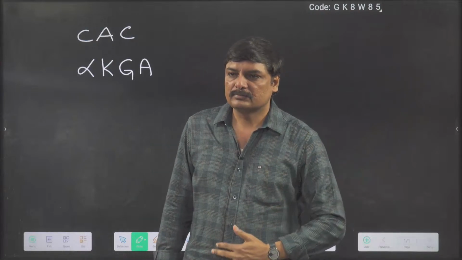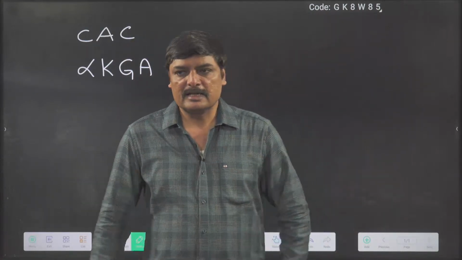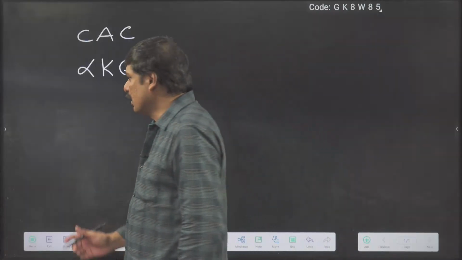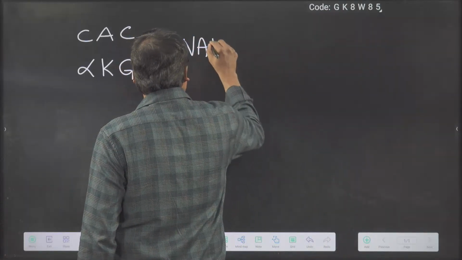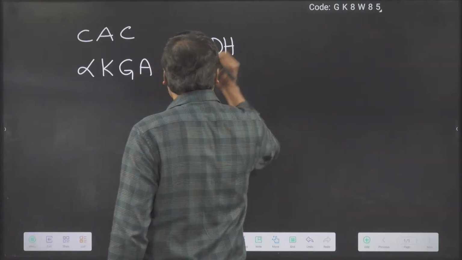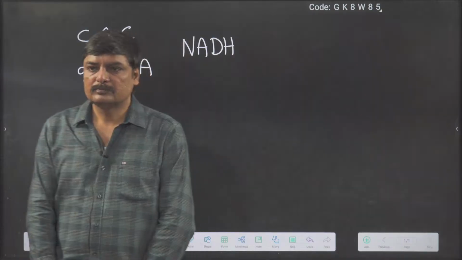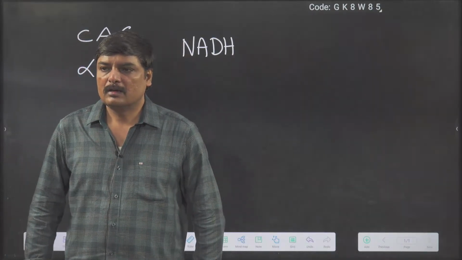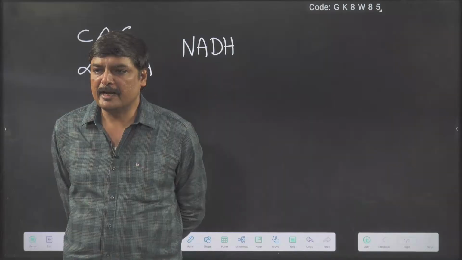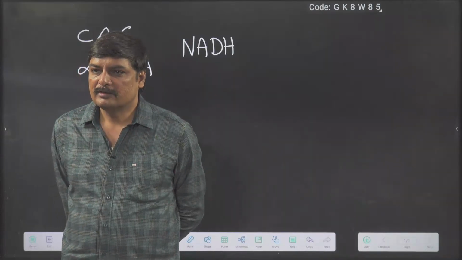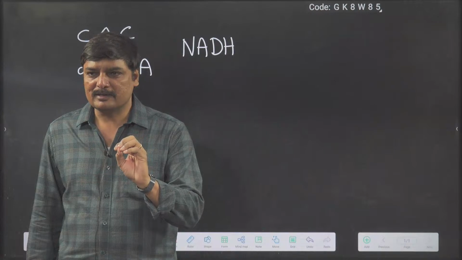Correct. Next. At how many places are NADH produced? NADH is the reduced form of NAD plus. 3 places. At 3 steps, NADH are formed.